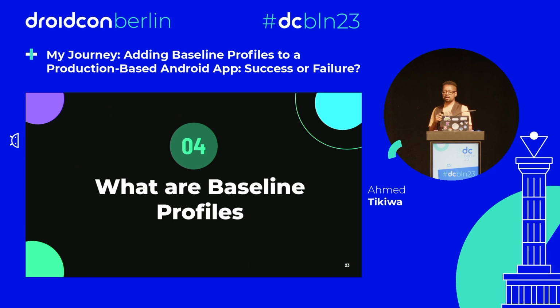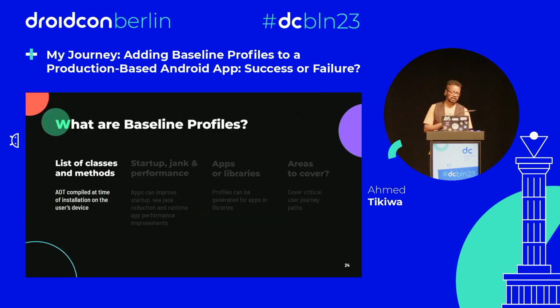So, all this talk about baseline profiles, but what are they actually? Baseline profiles are a list of classes and methods which are compiled ahead of time. In other words, it's doing the opposite of just-in-time compilation. Over the years, there have been some improvements with regards to how code is compiled, from interpreted only to just-in-time to ahead of time to back to just-in-time with guided profiles and so forth.